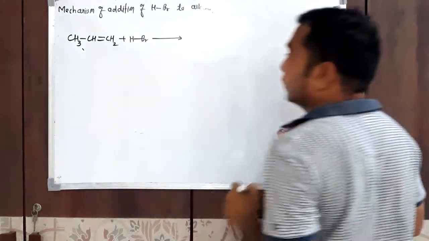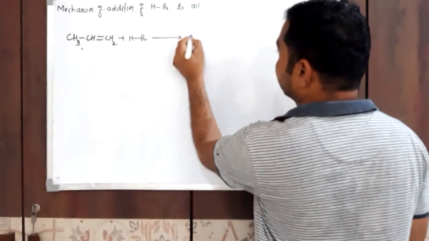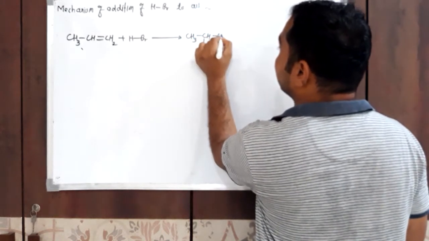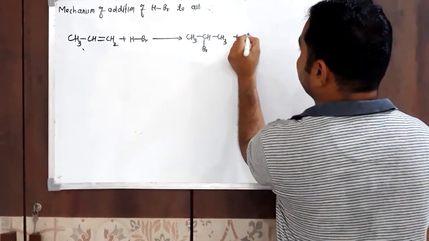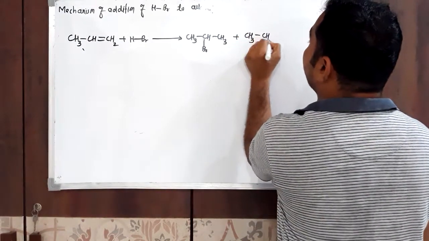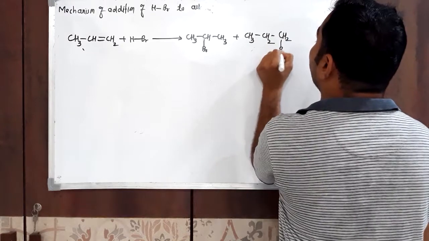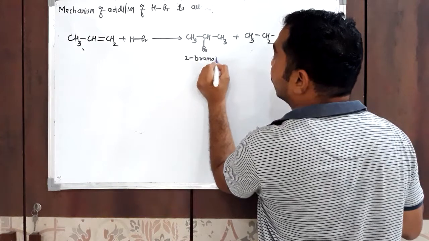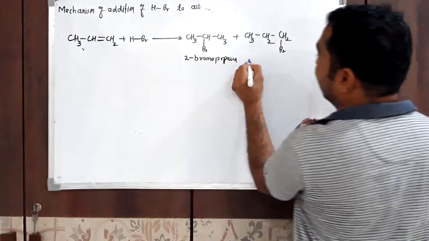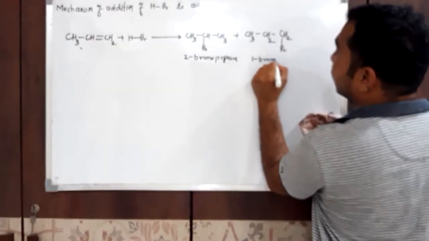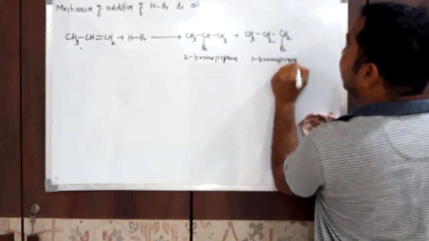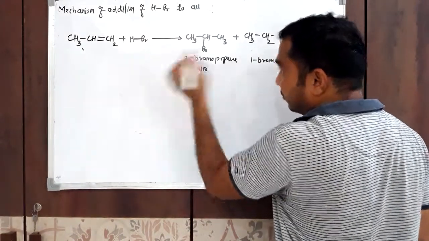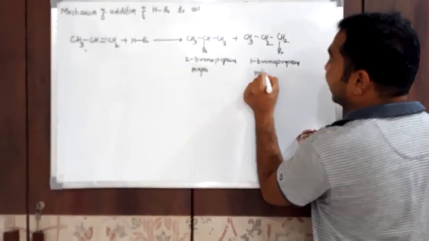This reaction gives us two products, one CH3CHBrCH3 plus CH3CH2CH2Br. 2-bromopropane and 1-bromopropane. Okay. Now among these two, this is major product as per Markovnikov's rule and this is minor product.